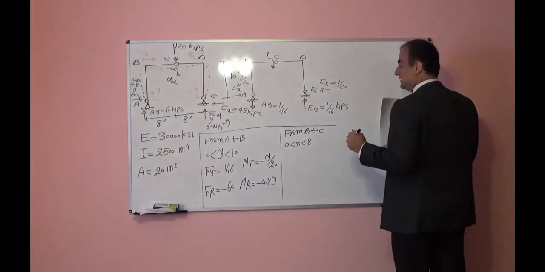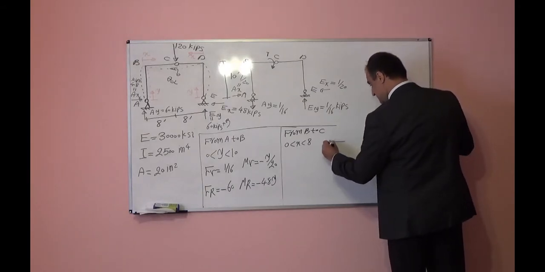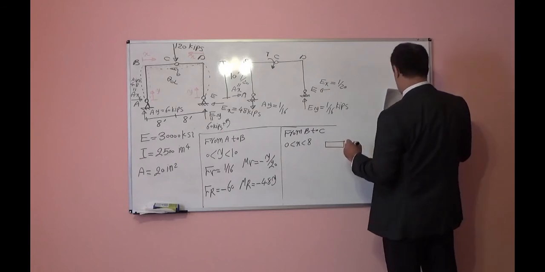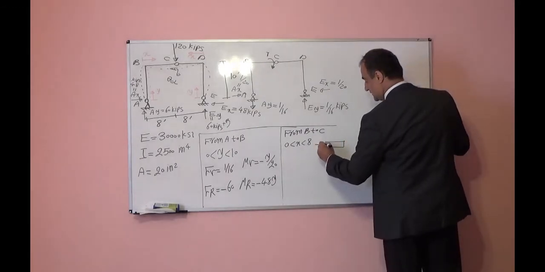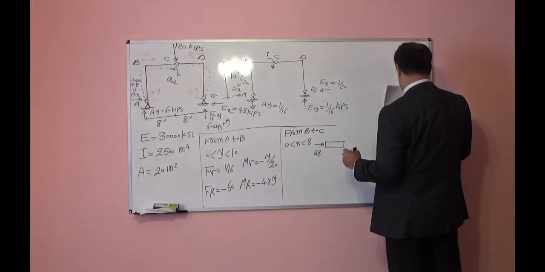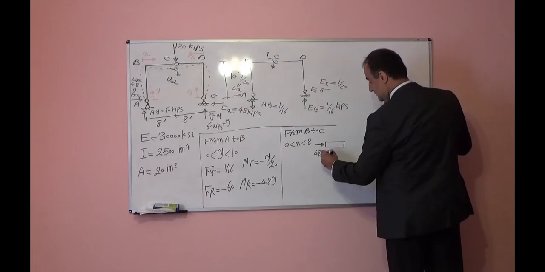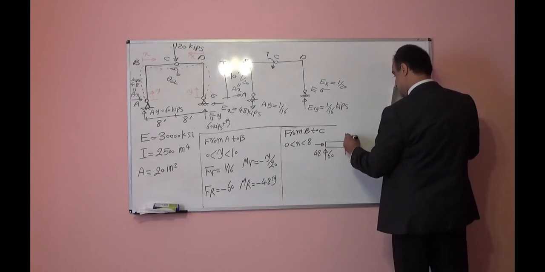Again, if you look at the axial load, free body diagram, axial load, this will be 48 and 60. So here M real.